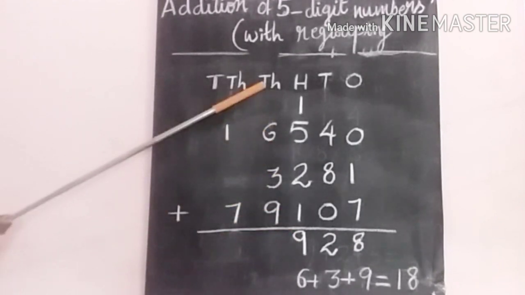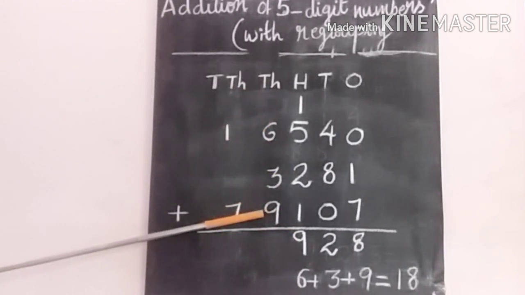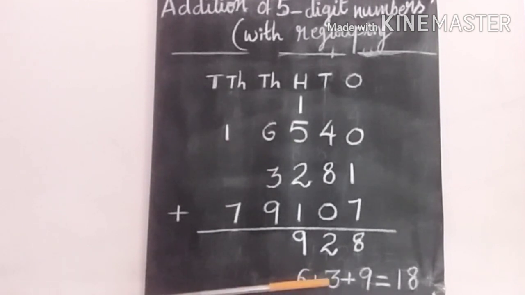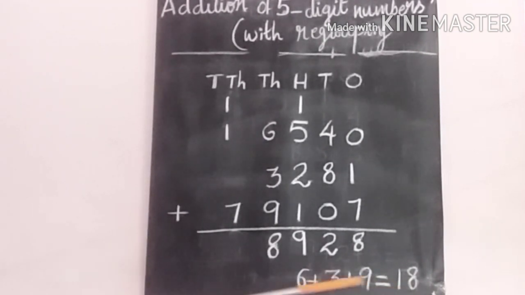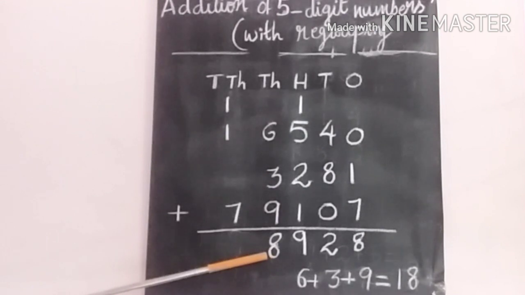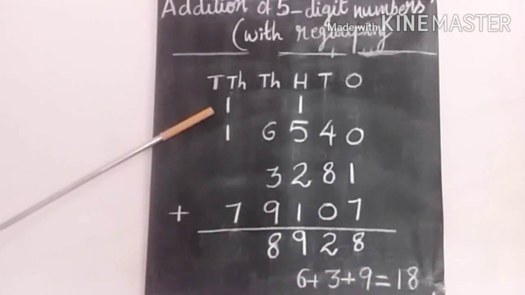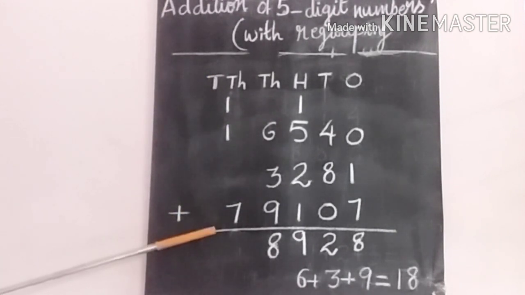Next add thousands place digits. That is 6 plus 3 plus 9. That is equal to 18. For 18, 8 is in thousands place and 1 as carry over to 10,000 place. Next add 10,000 digits.